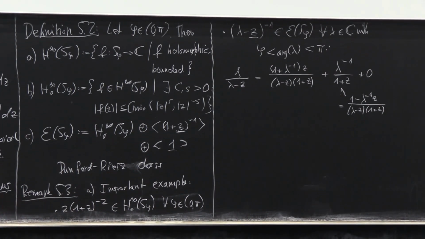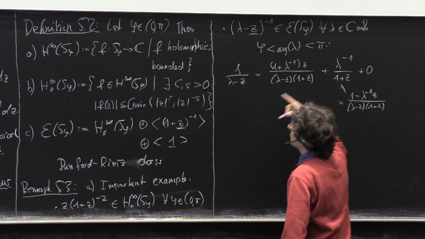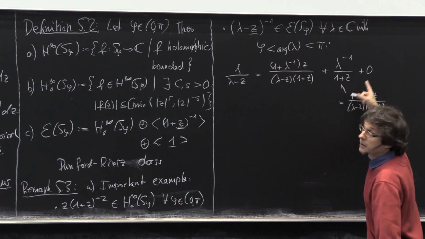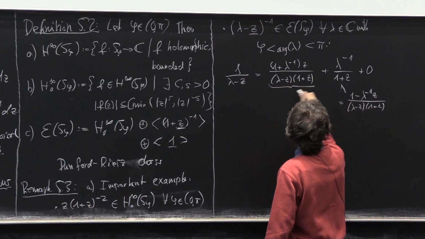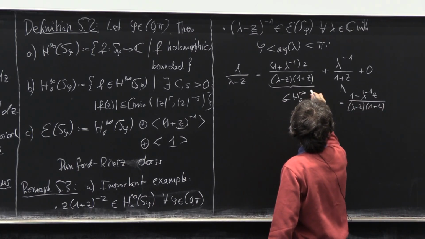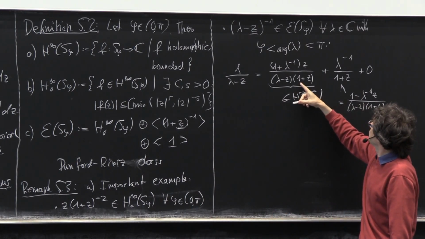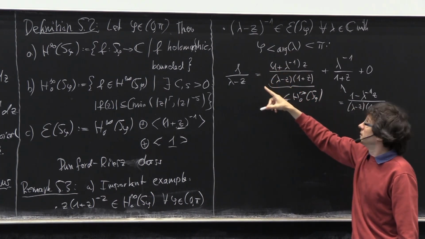Why is it a good thing here? Because now you see this is a multiple of 1 over 1 plus z to the minus 1. Okay, this is a constant. And this is an H0 infinity function. Why? It's holomorphic everywhere outside minus 1 and lambda, but lambda is not in the sector.